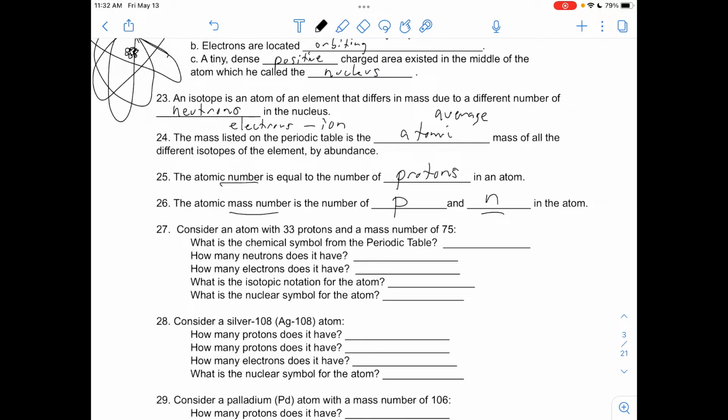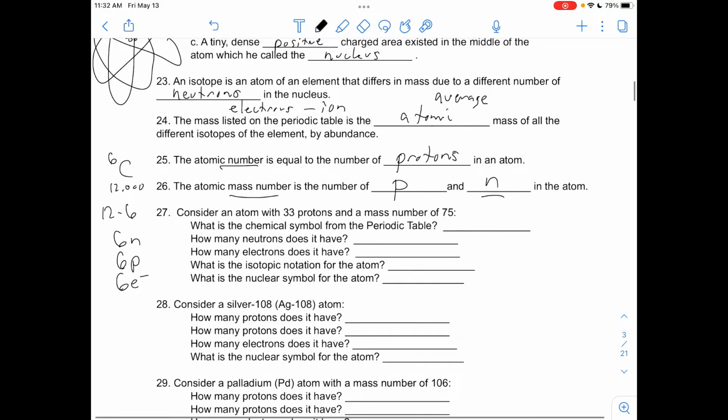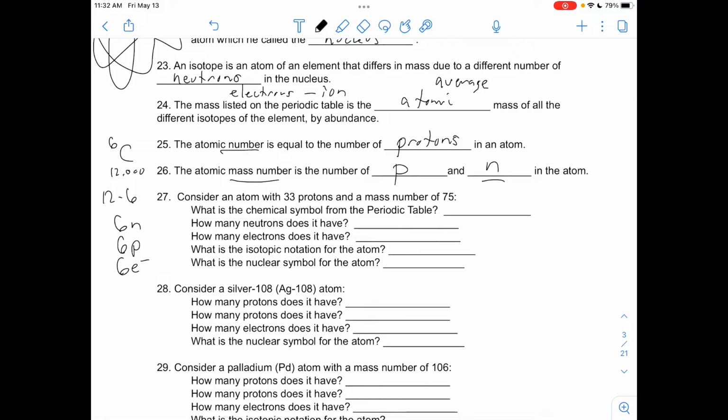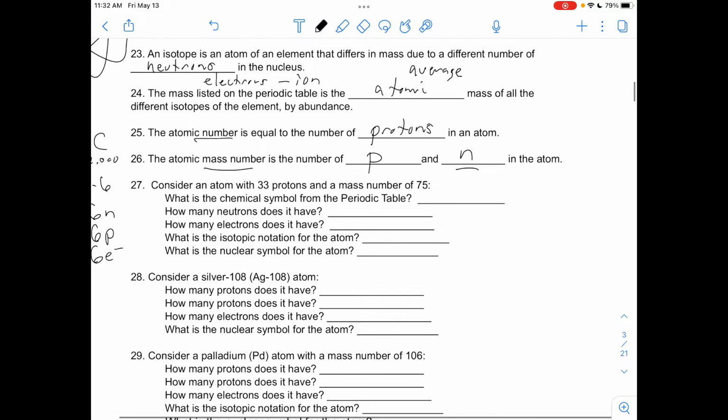So for example, carbon is like 12.00 something something. So I would subtract 12 minus 6 to get 6 neutrons. It has 6 protons, and usually it has 6 electrons. Oh, and look, we have some practice problems of that. Consider an atom with 33 protons, mass number of 75.